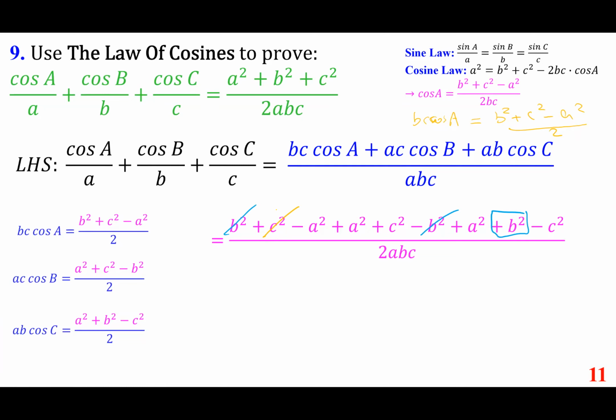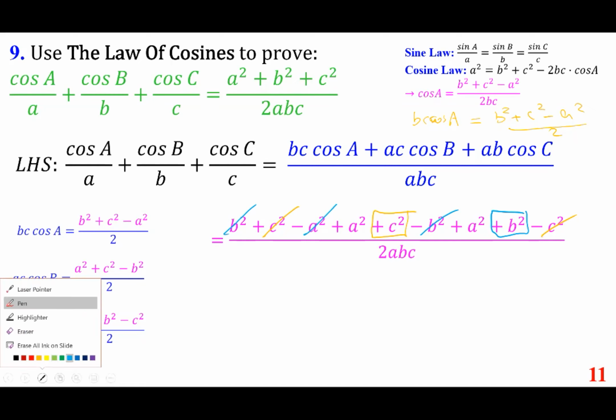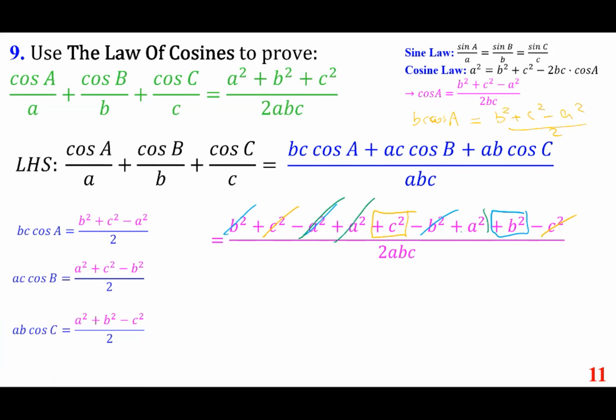C squared minus C squared. This one is left. Minus A squared and A squared. This one is left. And that is the right-hand side. That's a proof.